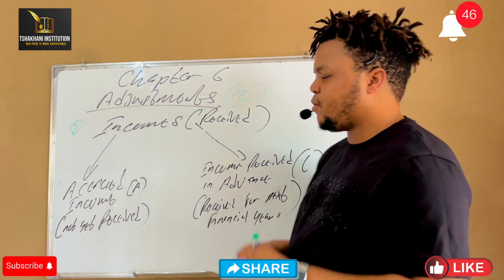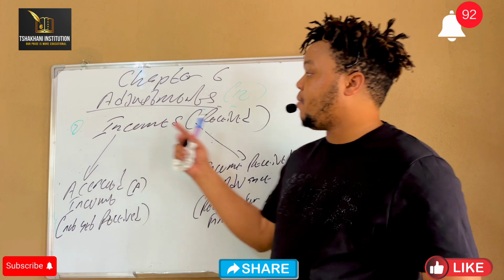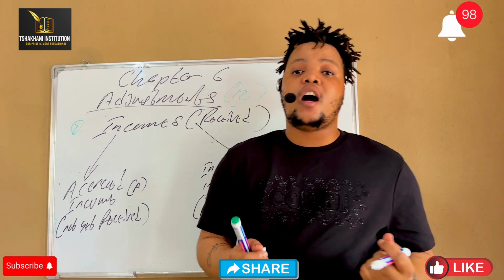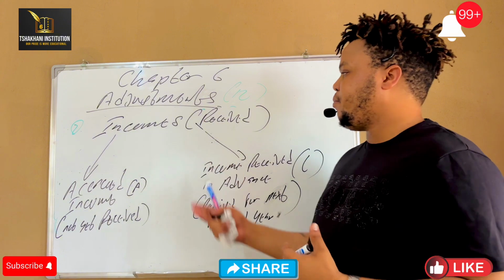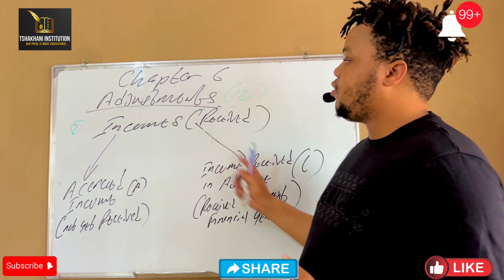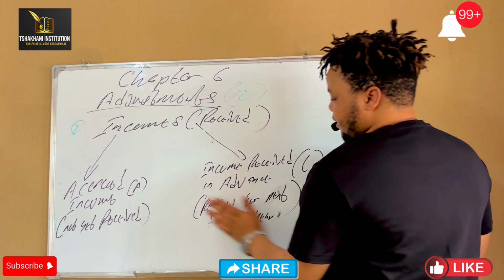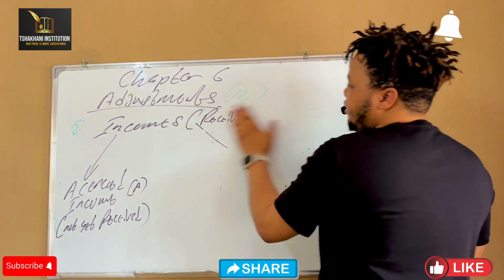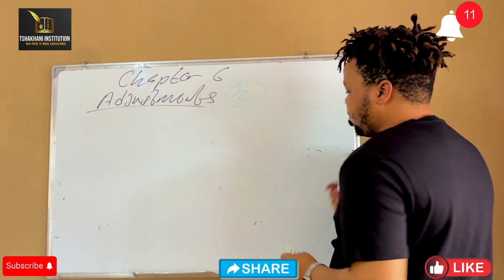I'm sure you're following. Once you get these things, each and every adjustment about expenses and incomes, when it causes the accrued, income received in advance, prepaid, you will be able to understand. So this is the second transaction type that we are going to come across in chapter 6.